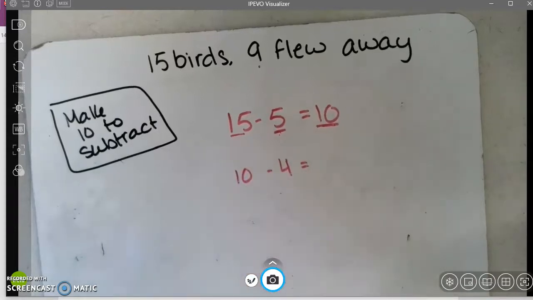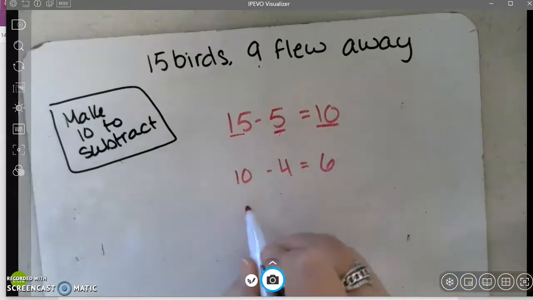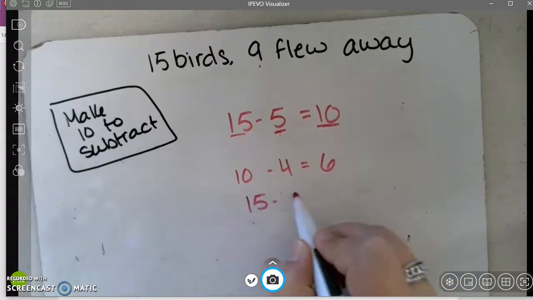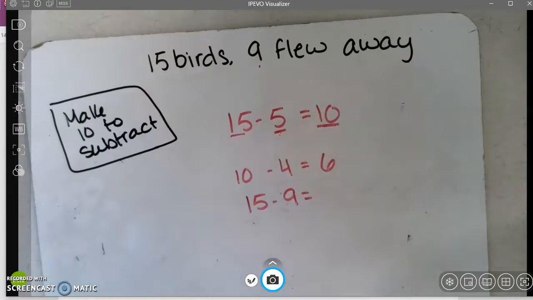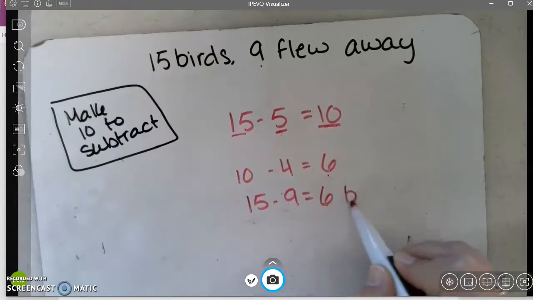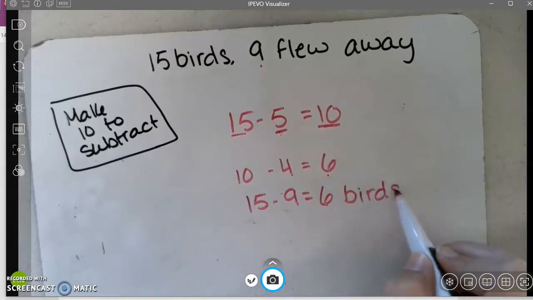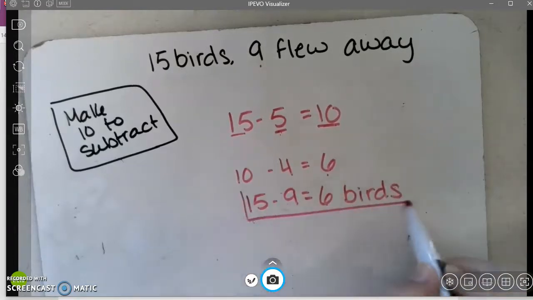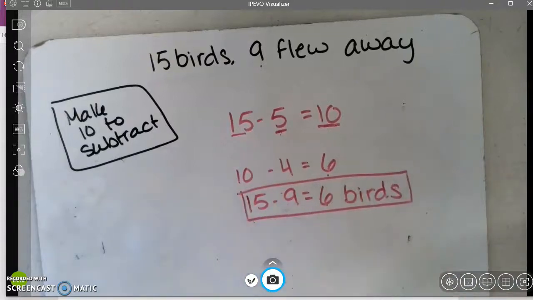What is 10 minus 4? 6. So 15 minus 9 equals what? 6. And remember, we always label our answer. So in this case, it would be 6 birds.